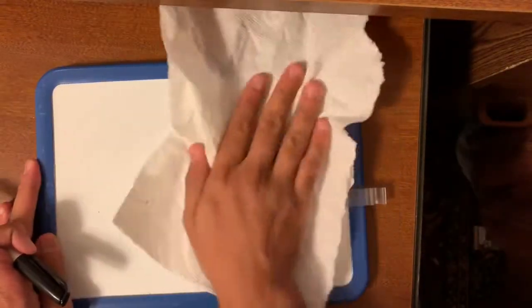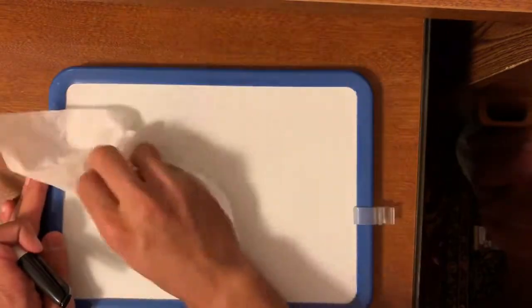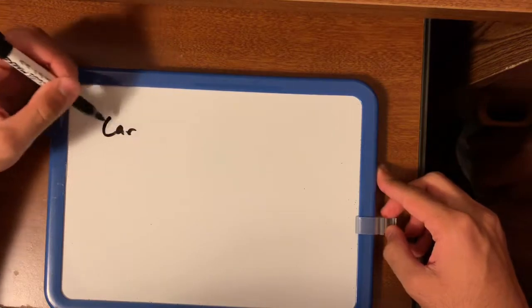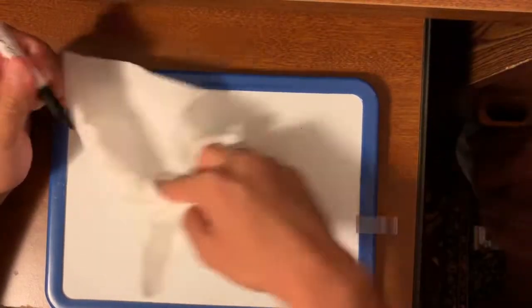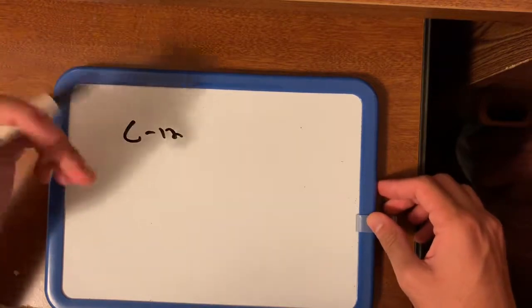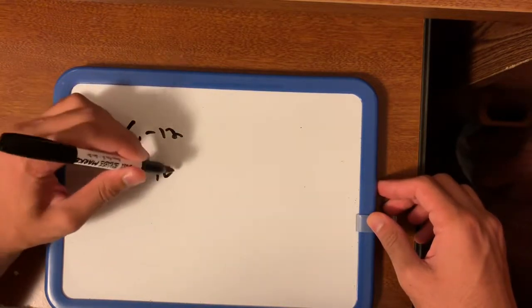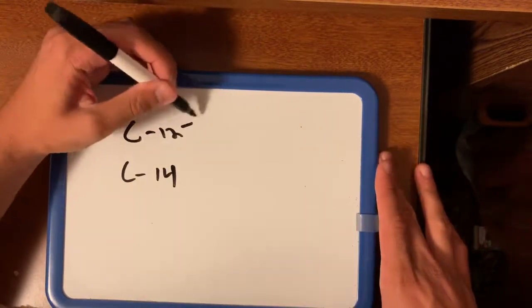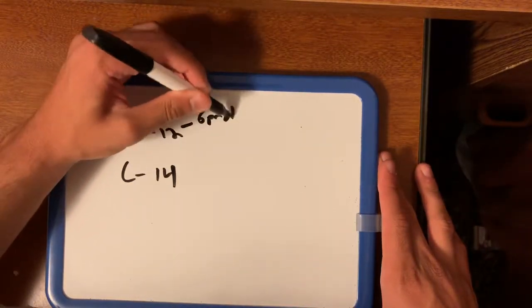So here's where it comes into play. For example, let's say you have carbon 12 and then carbon 14. They're both carbon because we know that they have 6 protons.